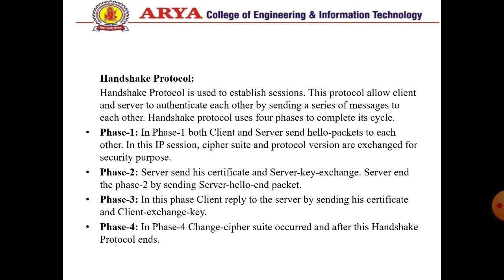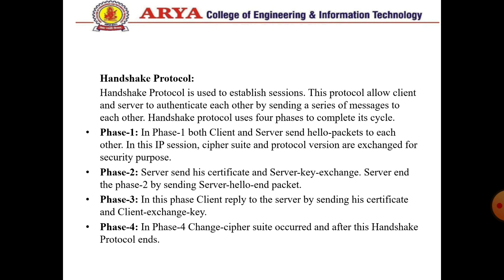In this phase, the cipher suite and protocol version are exchanged for security purposes. After sending the hello packets to each other, in the second phase, the server will send its certificate and server key exchange. The server ends this phase by sending the server hello done packet, so the hello is ended from the server side.